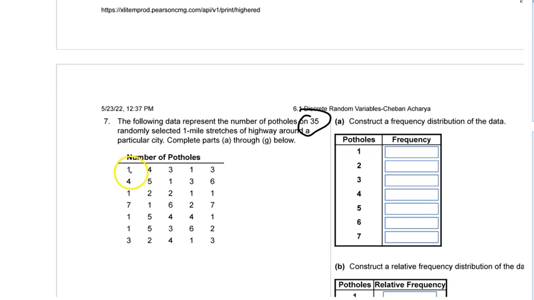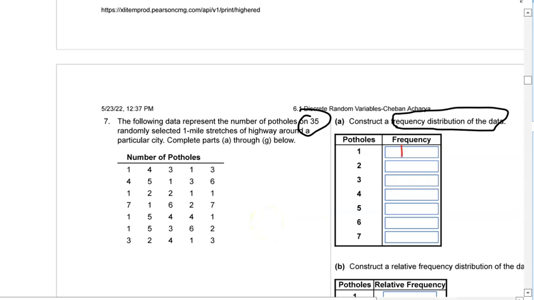First you construct the frequency distribution, in other words, how many times 1 repeats in the data set. Counting the frequency of 1, I get 1, 2, 3, 4, 5, 6, 7, 8, 9, 10, 11. Therefore the frequency of 1 is 11.